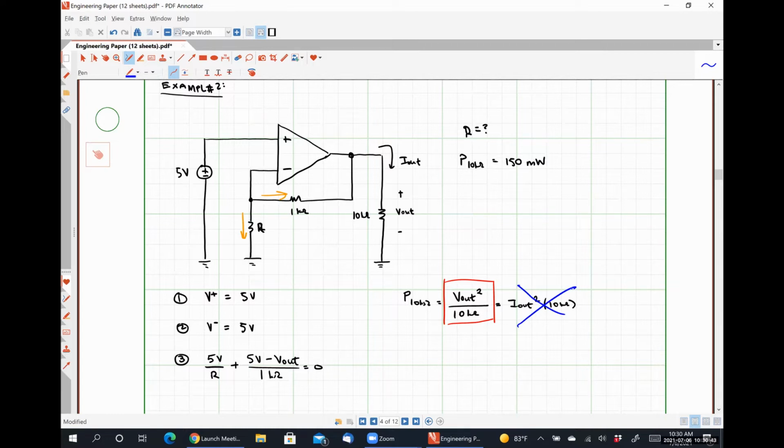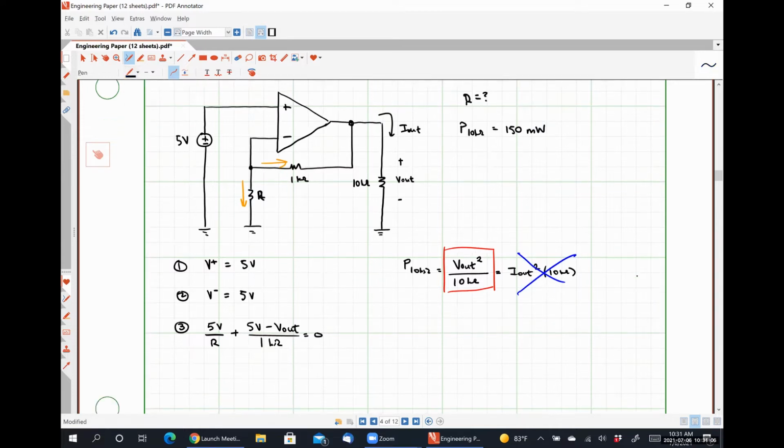None of our relationships have anything to do with the output current or the current leaving the output terminal of an op amp. So we can never use this one over here on the right. It's technically correct, but we would have to know V out in order to determine I out.